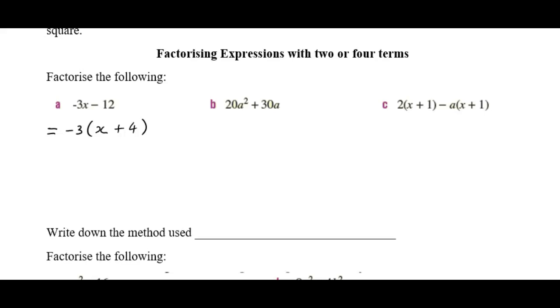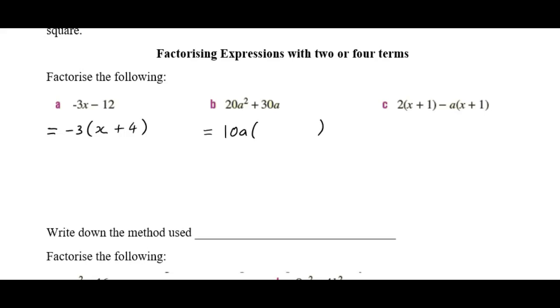Right, let's move to the second example. So again, we have 2 terms, 20a squared plus 30a. We'll look for common factors again, and we can notice that this expression has a common factor of 10 for the numbers and a for the variables. So if I take my common factor 10a out of the expression, we divide each term by 10a.